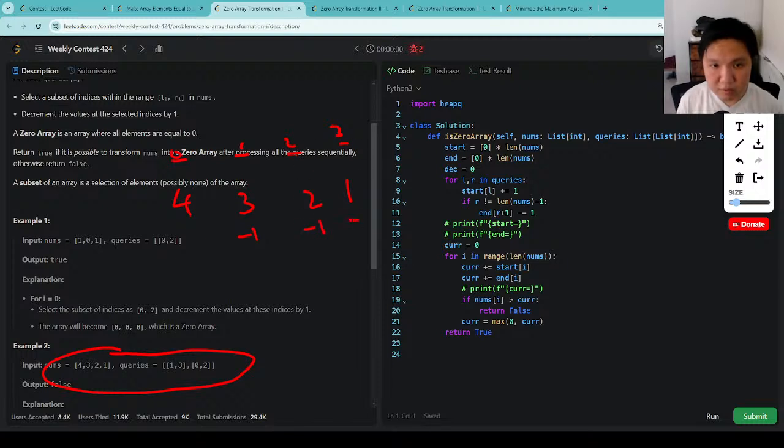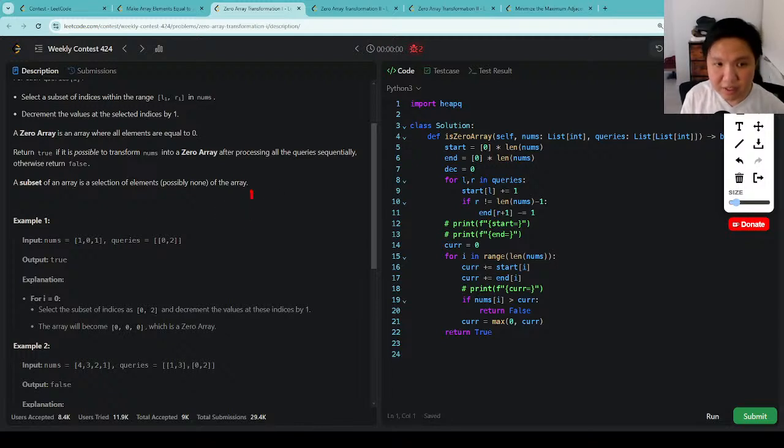And then the second query is 0 to 2. You minus 1 from each of them. After you minus 1, this is left with 3, this is left with 1, this is left with 0, and this is left with 0. So this is not a 0 array.